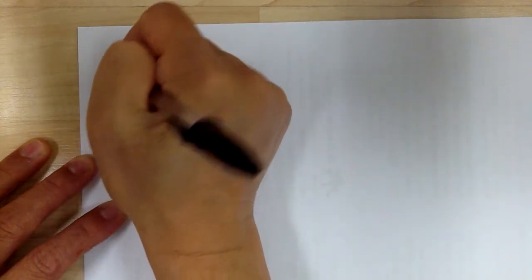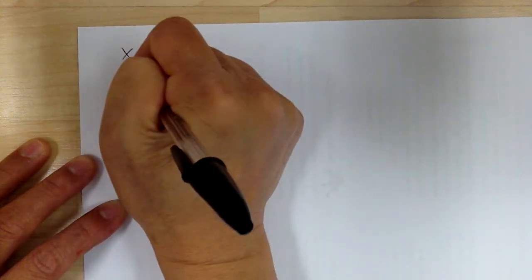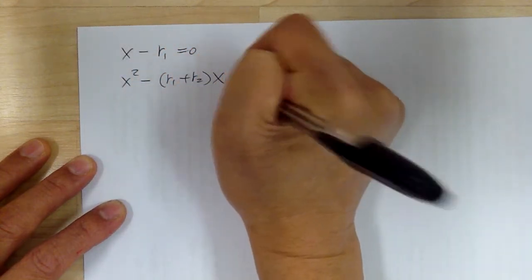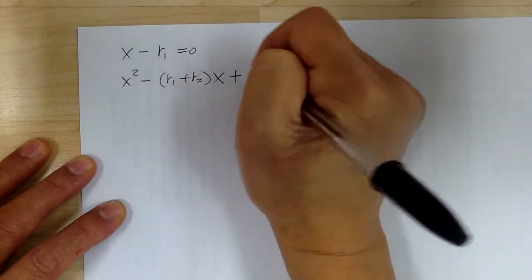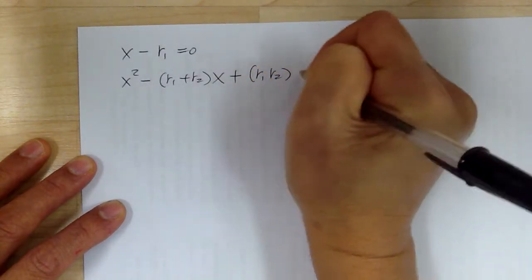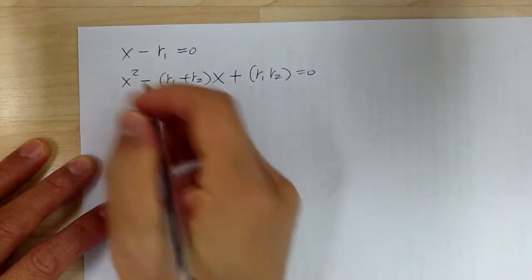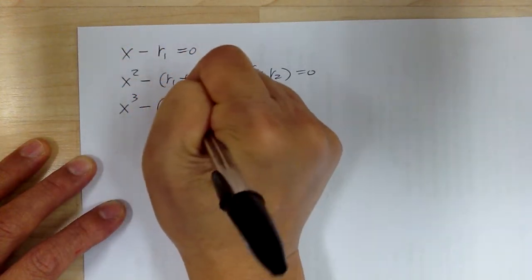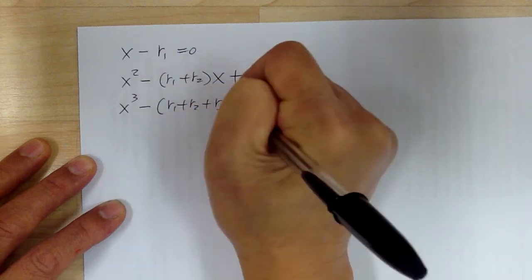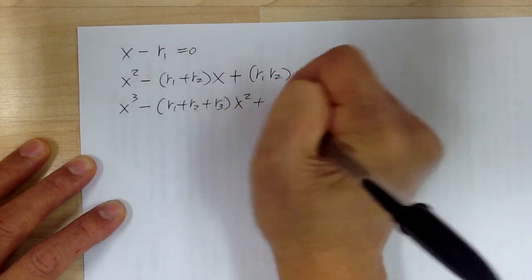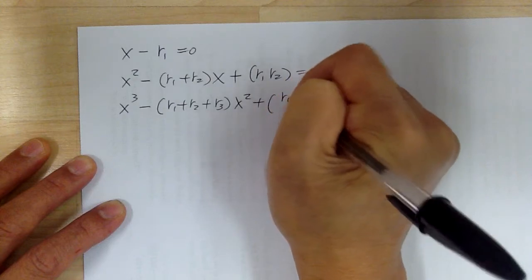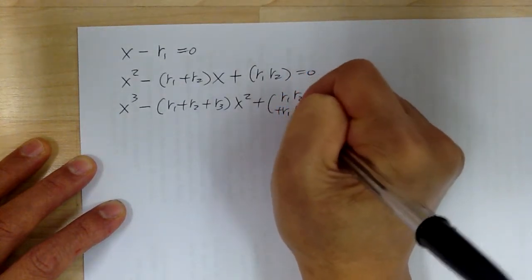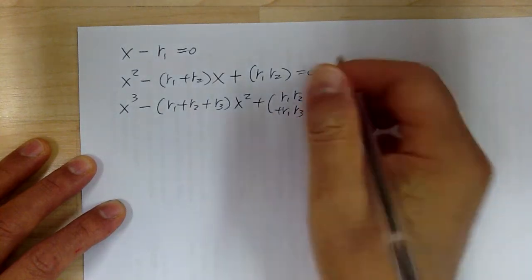Now when you have the square, you're going to get x squared minus r1 plus r2 x. I'm going to write it out first, and then I will explain the pattern, so it'll be very easy to remember. Okay, so this is for the square. For the cube, I'm going to go down so I don't run out of space.